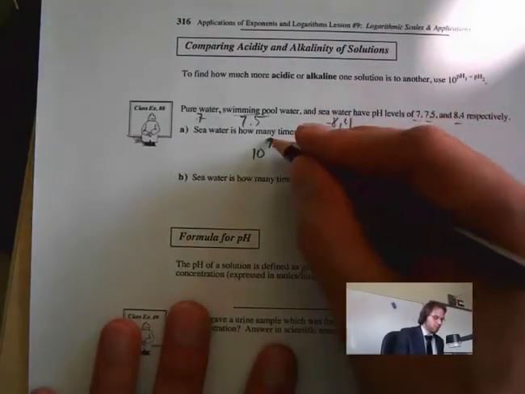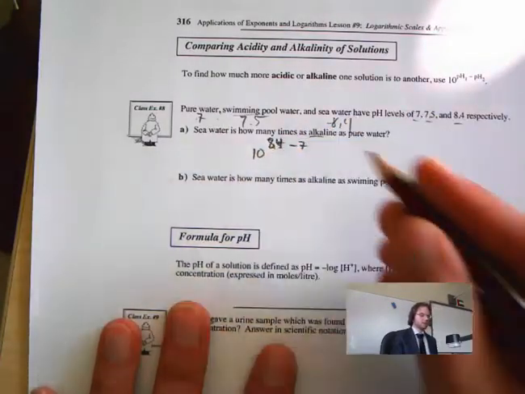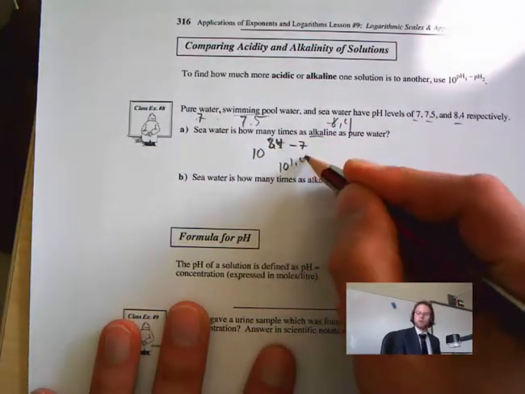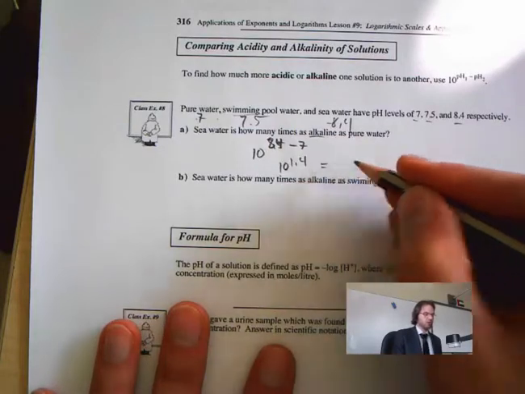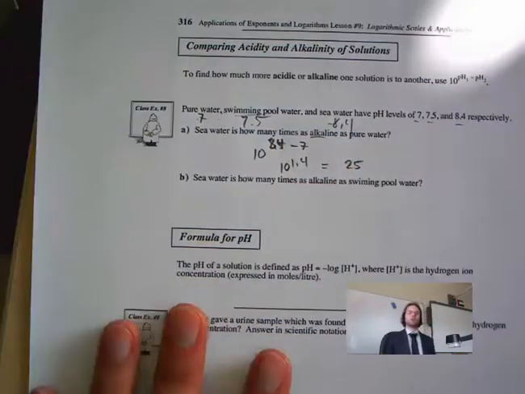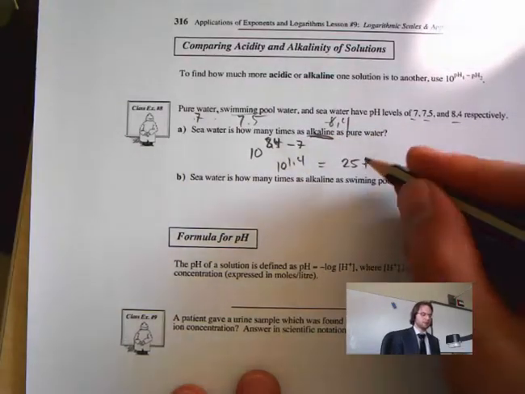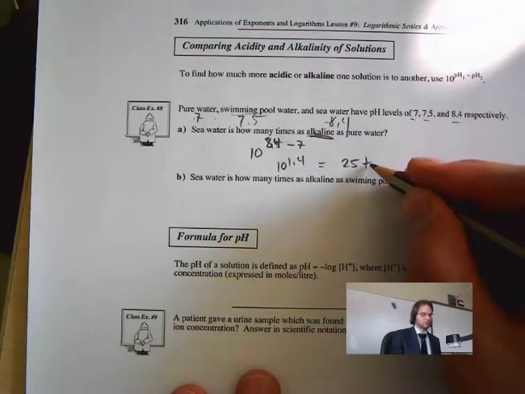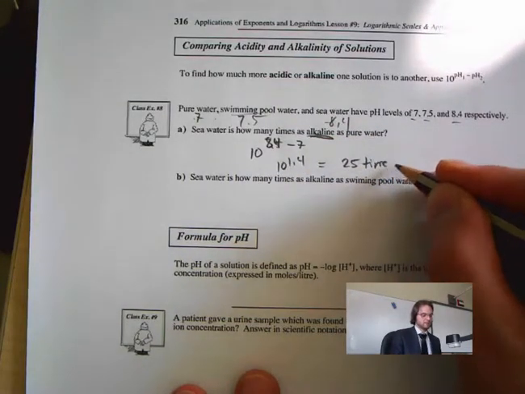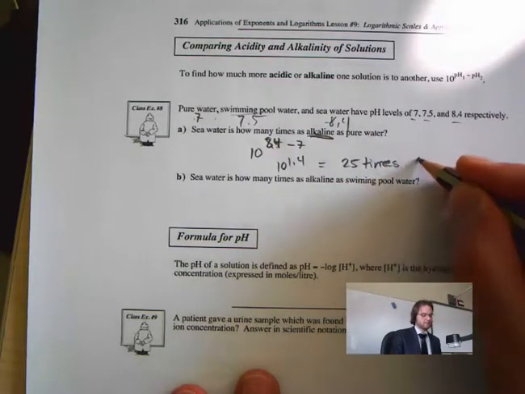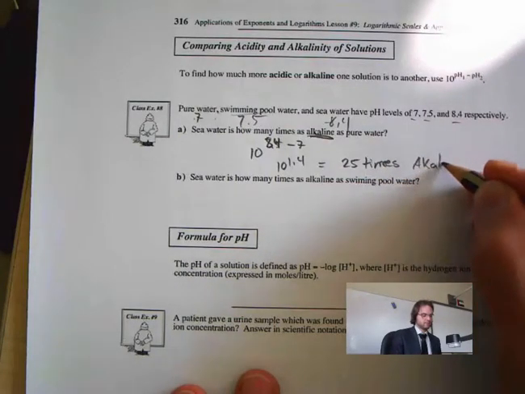So we have 8.4, subtract 7, which gives us 10 to the 1.4, which ends up giving me a total of 25 times more, not acidic, more basic. The alkalinity.